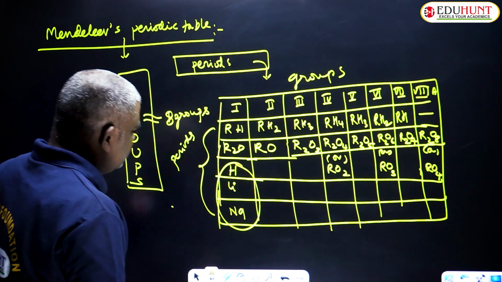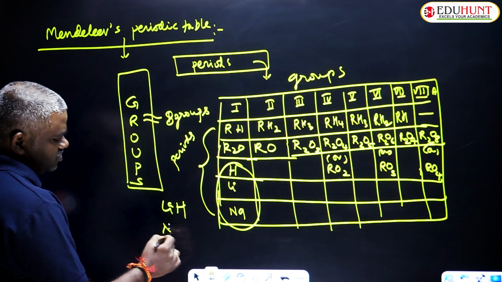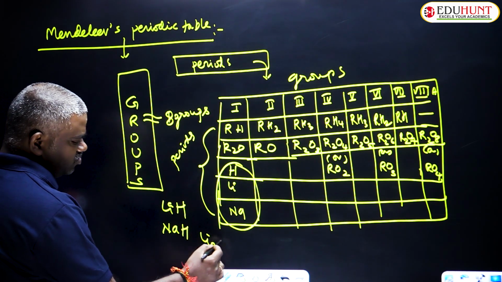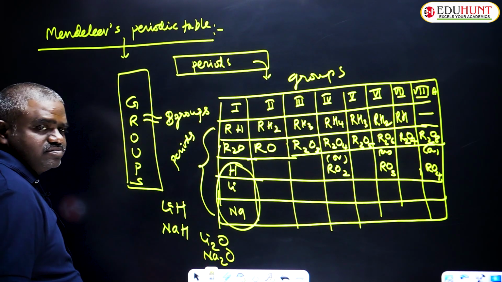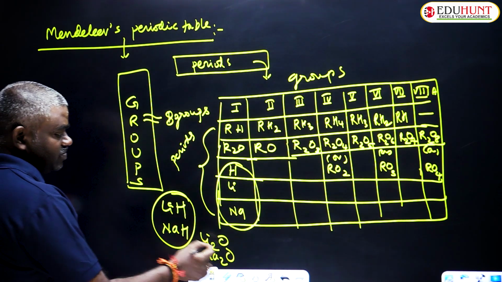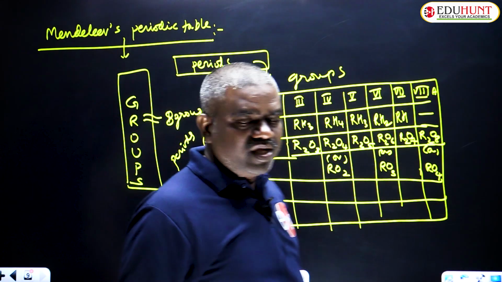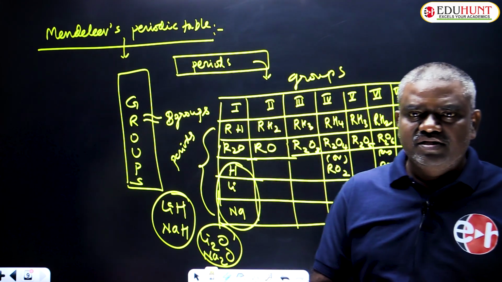For example, lithium hydride LiH, sodium hydride NaH, lithium oxide Li2O, sodium oxide Na2O. These elements exhibit similar characters, based on their formulas also.